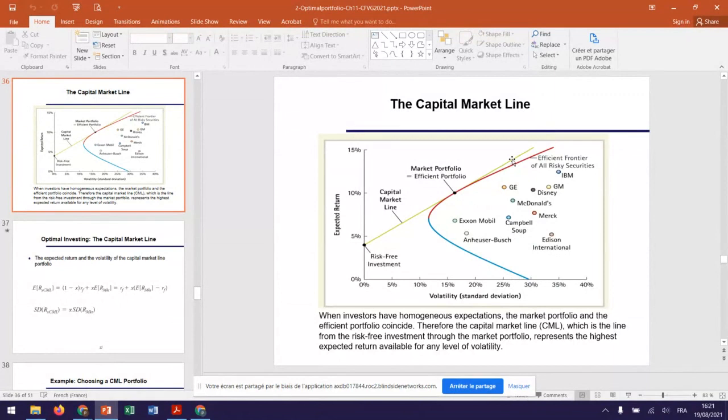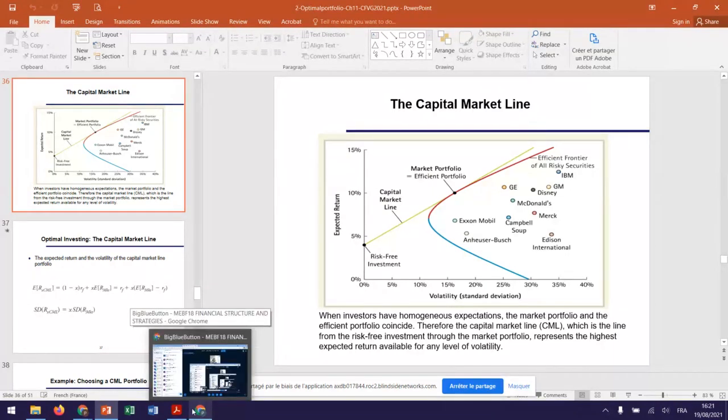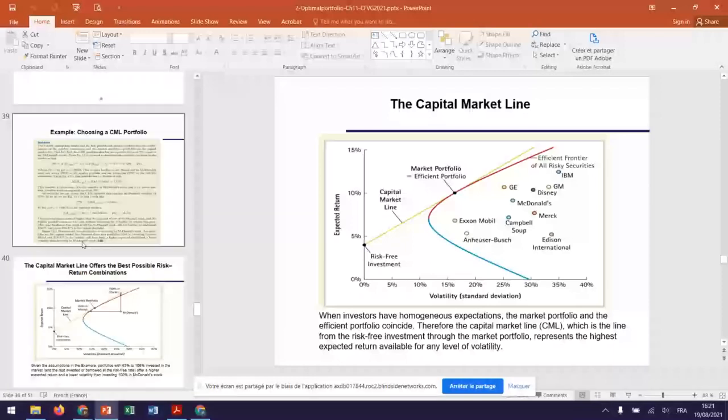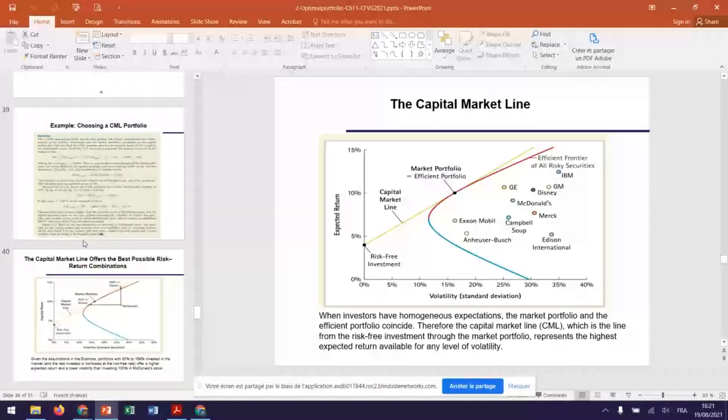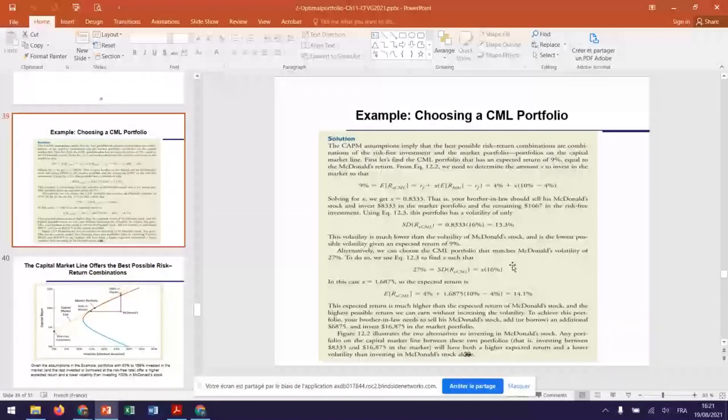What you have to do is borrow money at the risk-free rate and invest more in the market portfolio. Mathematically, I can calculate it by taking the formula of my volatility: 27% equals X times 16%.